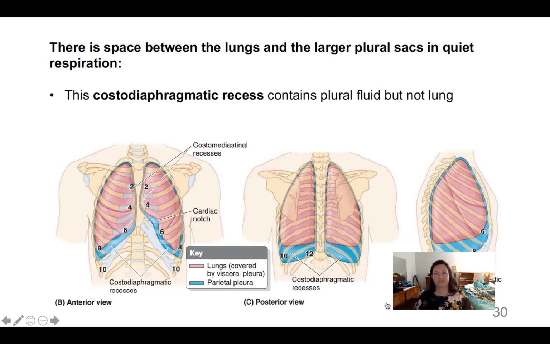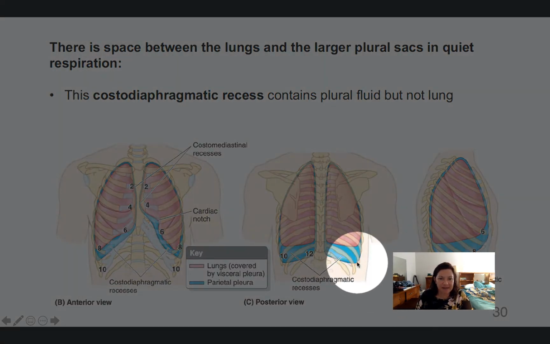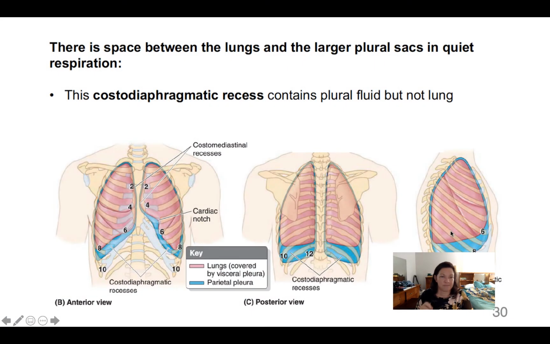Now, when we're just sitting quietly learning anatomy, there is a space between the lungs that I've already alluded to: the costodiaphragmatic recess. That's the space between the lungs and the parietal pleura. It is considerable when we're at rest, and this space contains, shown anterior, posterior, and lateral, pleural fluid but not lung.